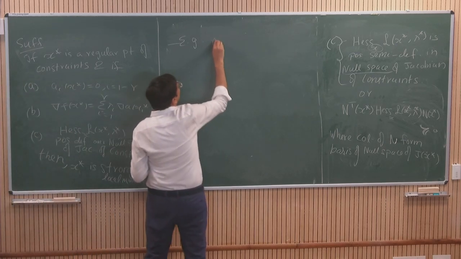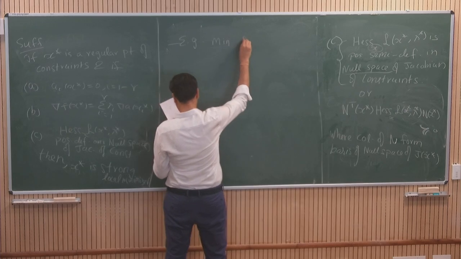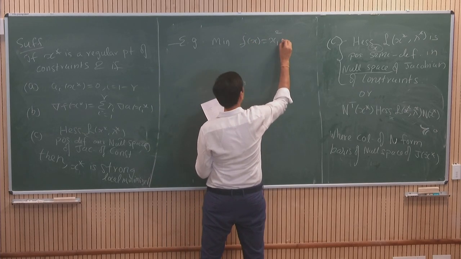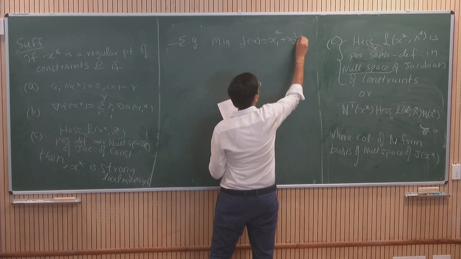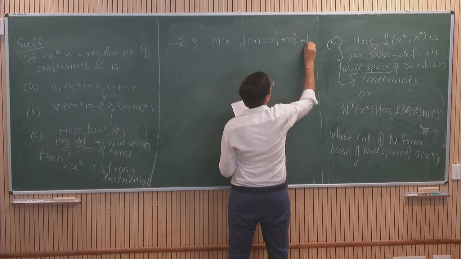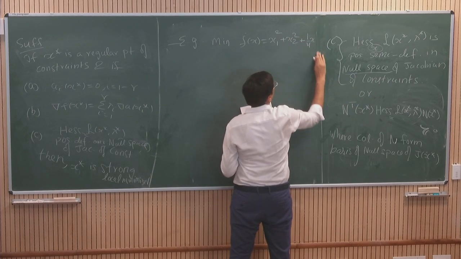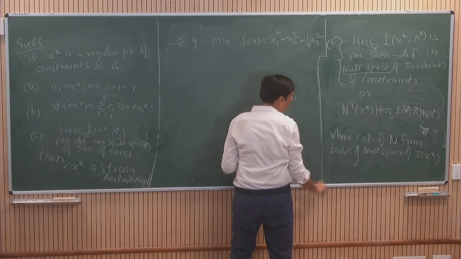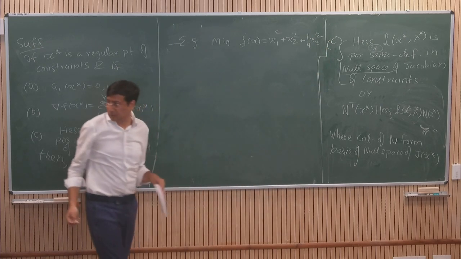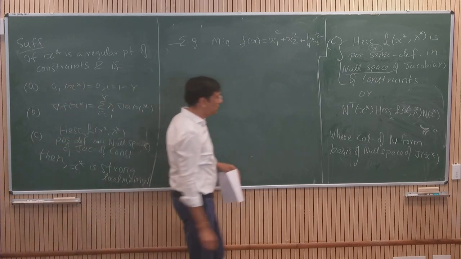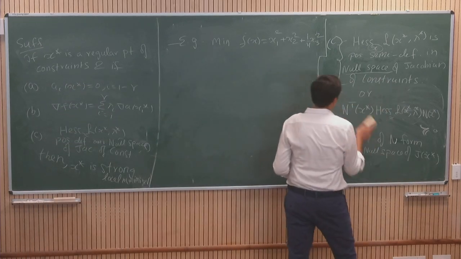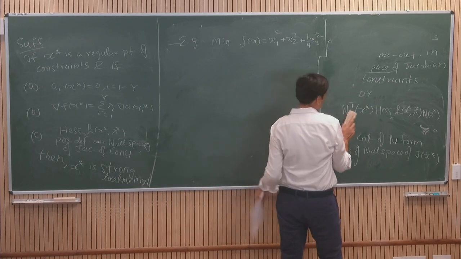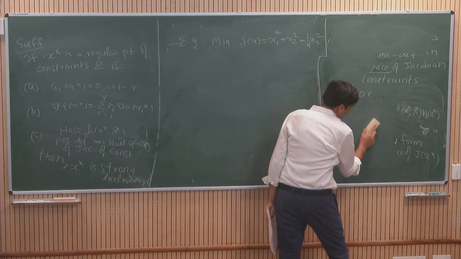So this, you had minimize f of x is equal to x1 squared plus x2 squared plus 1 over 4 x3 squared. I don't know what's wrong with me. I'm trying to do it in a hurry. Probably don't want to keep you waiting. Your tutorial after this? Lab. Okay, then stay 5 minutes extra. You remember this now, at least it's written there. So we'll apply both necessary and sufficient conditions.